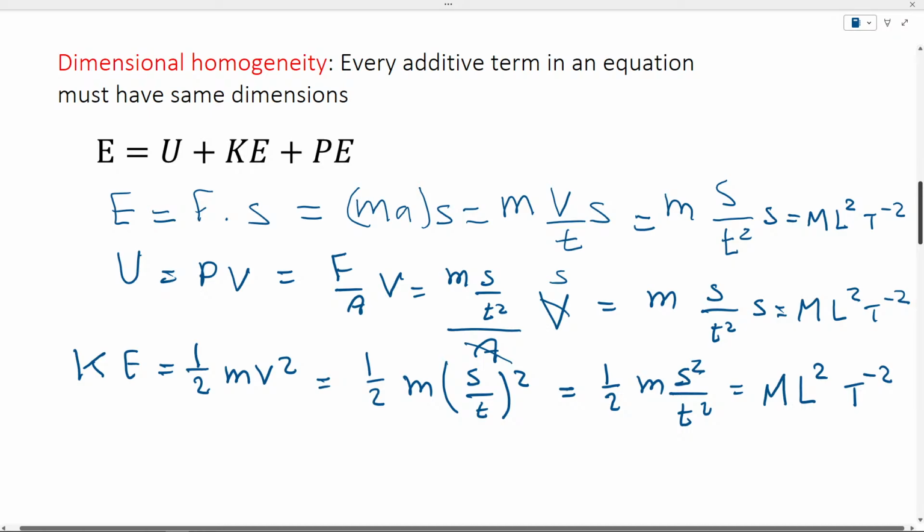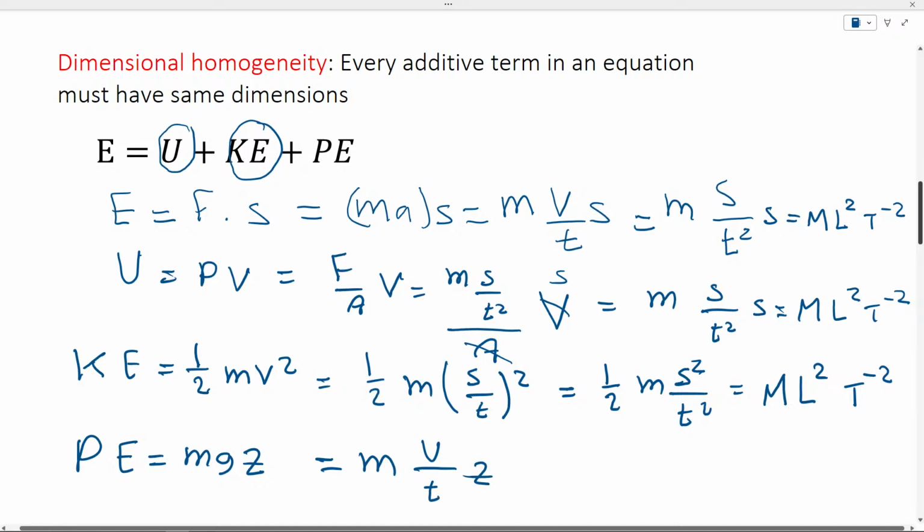So you see, although we have different equations, that's why we can add the energy due to pressure gradient with kinetic energy and potential energy. Potential energy is mgz, where z is distance. m is mass, g is velocity over time, and z is the distance.